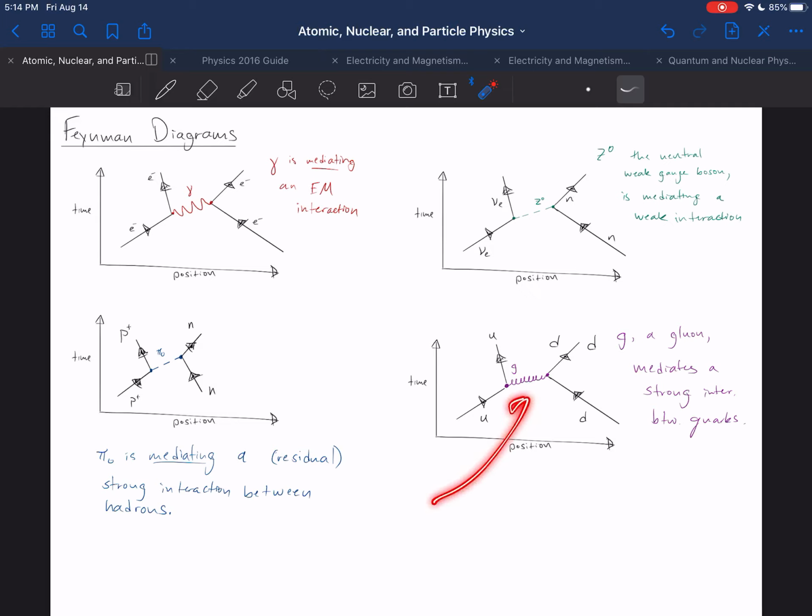One of the reasons you haven't seen the gluon before now is that this gluon right here with this loop-de-loop shape is actually not assessed in the IB. So I include it here for completeness, but you will not be asked about direct gluon interactions between quarks.